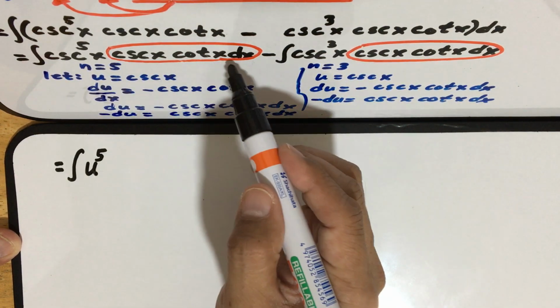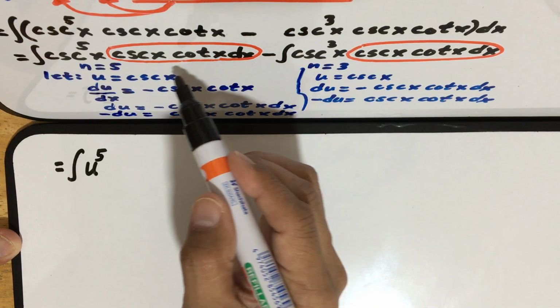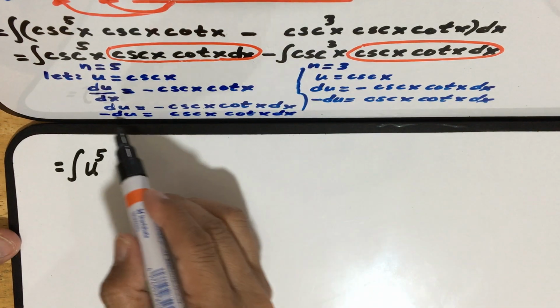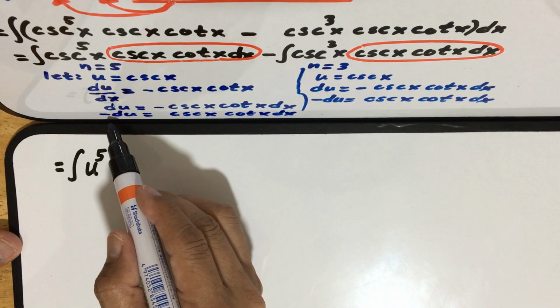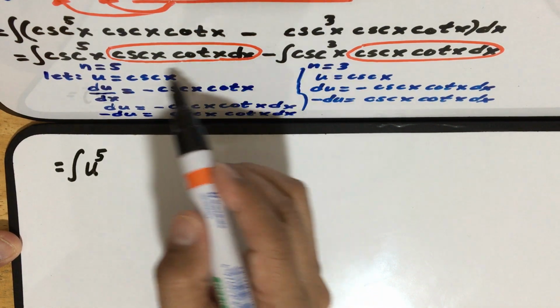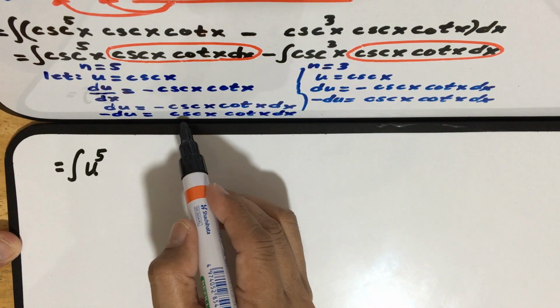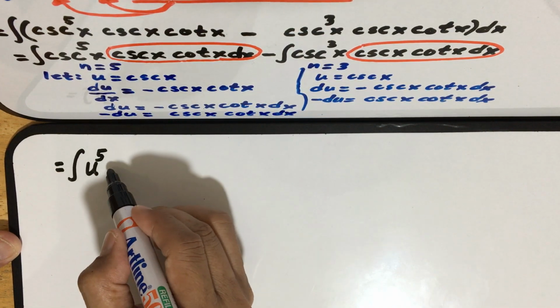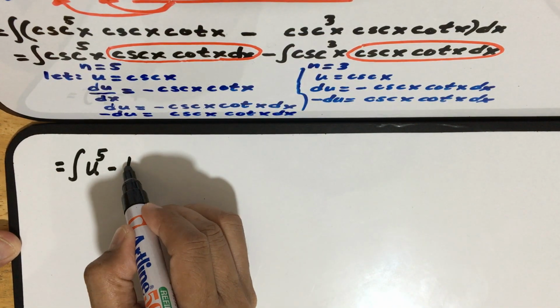So what is this equal to? This is negative, equal to negative du, right? So instead of writing cosecant x cotangent x dx, we have to write negative du. So multiply this by negative du.